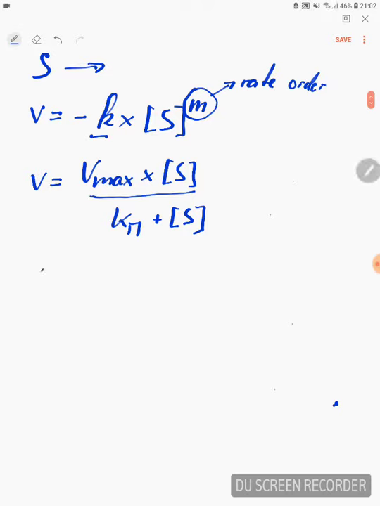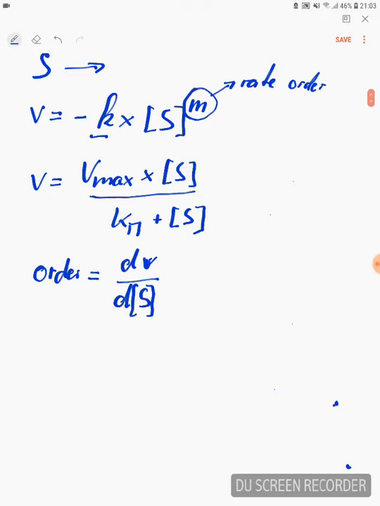The order is basically defined as a change in the rate, dV over dS, the substrate concentration. And that is what the order tells us: how will the rate change if we change the substrate concentration?